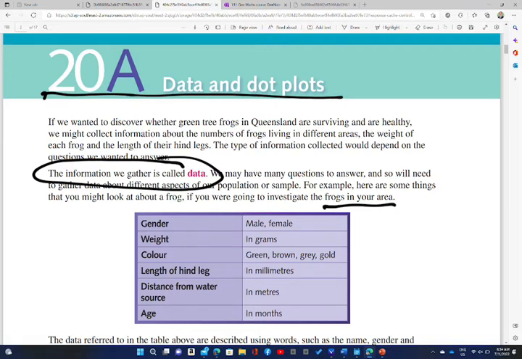For example, if you have gender, you're going to get male or female categories of data. In other words, it's not a number that you get. But say you're talking about distance from the water source in meters, that would be numerical data, a number value. You need to be aware of what kind of data you're going to get back. So let's talk about that a bit.